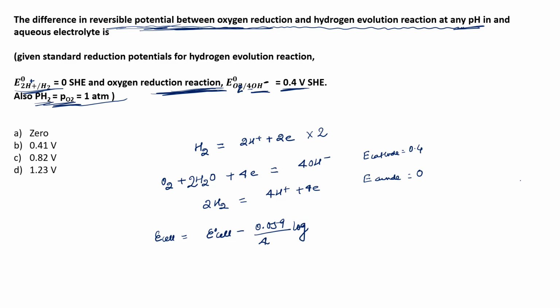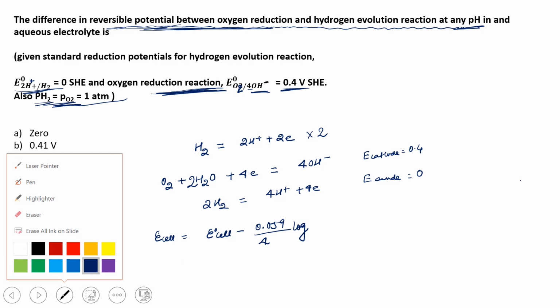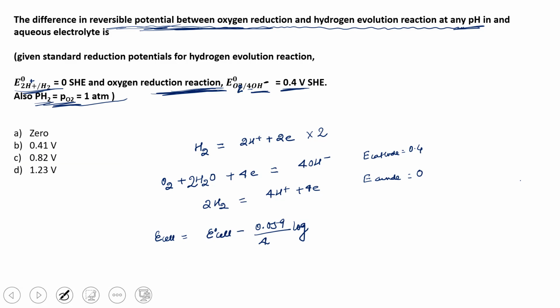See, first we will have to combine these two equations, right? So let us combine these two equations. So it will be O2 plus 2H2O plus 2H2 is equal to 4H plus 4OH minus.